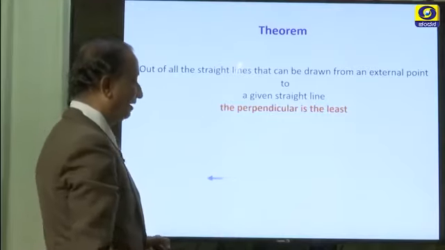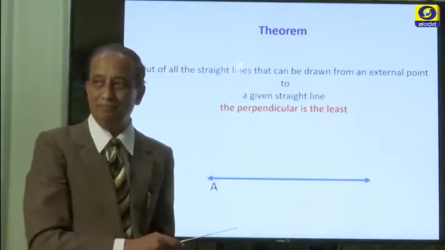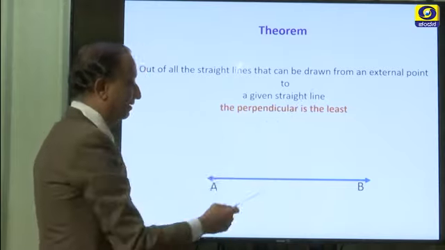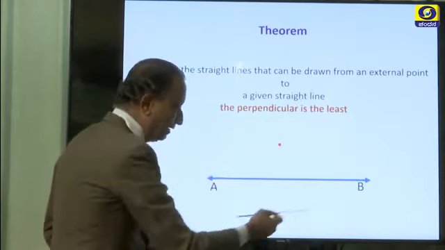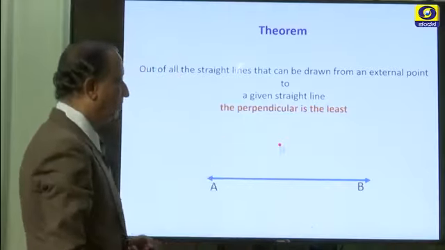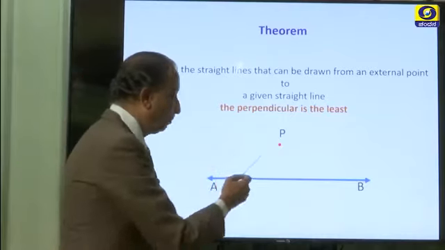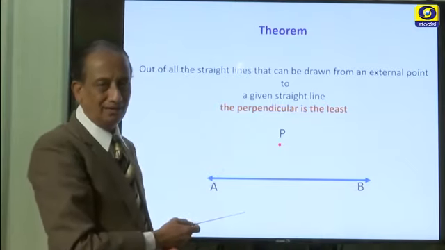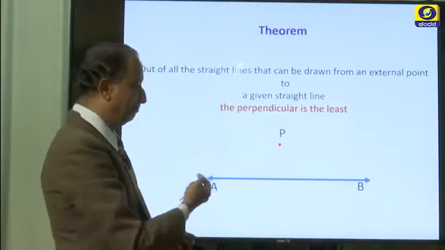So, you draw a straight line like this, and call it AB. Now, mark an external point anywhere, very close to this, or left or right or even below, anywhere you want. You can just name it the point P. So, P is the external point and AB is the straight line. From P you can draw so many line segments like this.